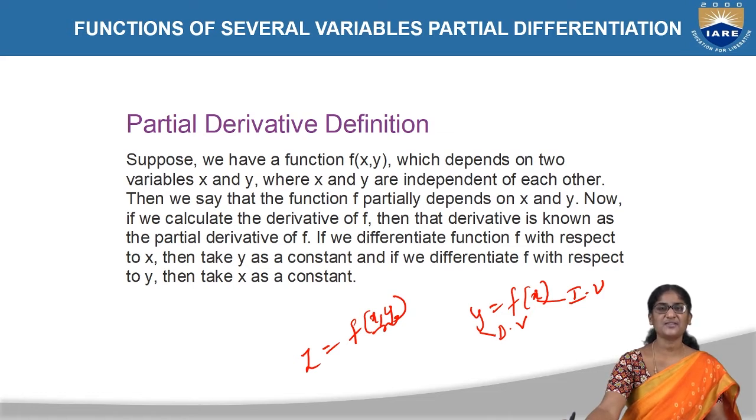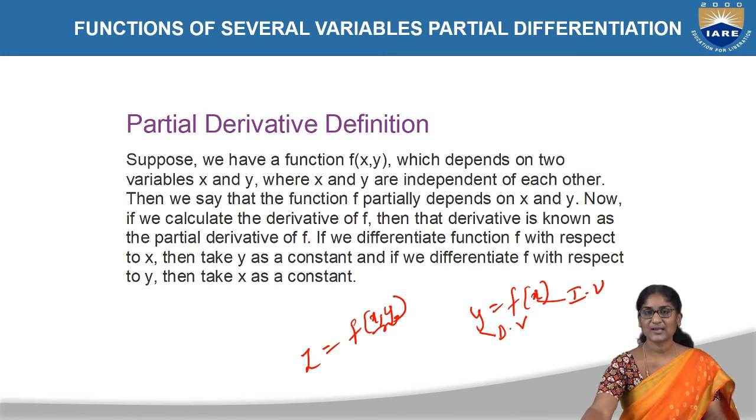If we differentiate f with respect to x, then take y as a constant. If we differentiate f with respect to y, then take x as a constant. That means whenever you are differentiating z with respect to x, y acts as a constant, and if you are differentiating z with respect to y, then x acts like a constant.